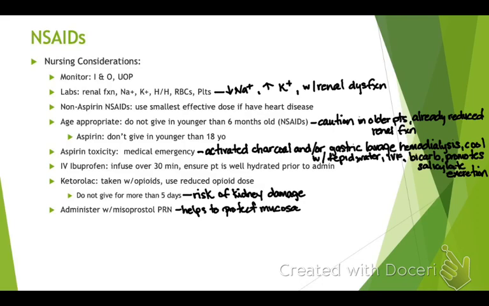You want to make sure that you are monitoring for aspirin toxicity. Aspirin toxicity is a medical emergency. You want to have activated charcoal and/or gastric lavage available. You might need hemodialysis.